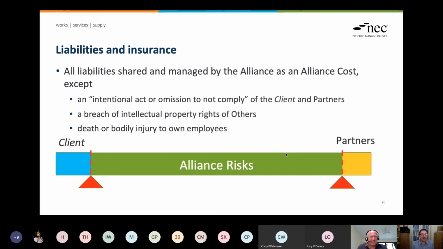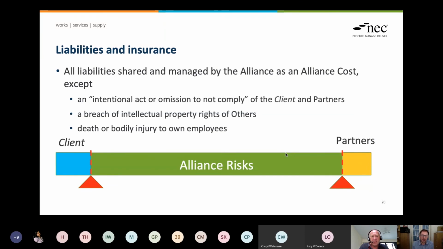So liabilities and insurances. I think again we've reflected upon this in terms of compensation events. The lack of compensation events means that liabilities are far more shared in terms of the alliance. I think what this slide is indicating, if I'm right, is that the client on the one side does retain ultimately some liabilities, and the partners on the other side do retain certain liabilities.